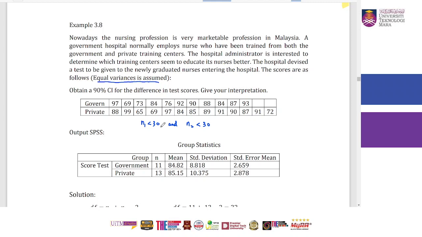So here, since the sample size is small and the population standard deviation is unknown, that means you cannot use z-test. So you need to use the t-test. And of course, for the t-test you need to determine whether equal variance assumed or equal variance not assumed. In this example, it's already mentioned that equal variance assumed. Okay.